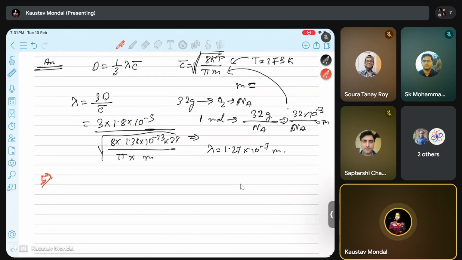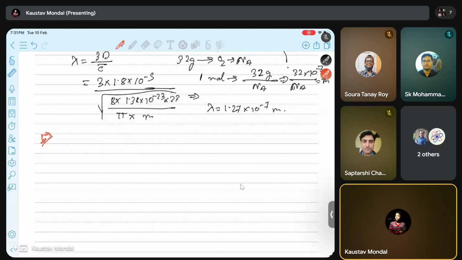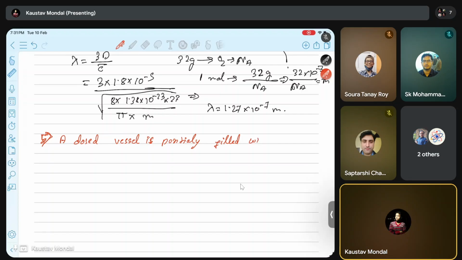So question number 5: a closed vessel is partially filled with liquid mercury.